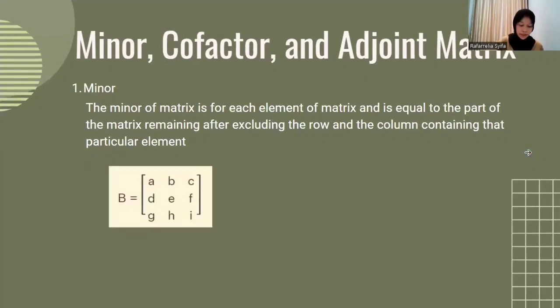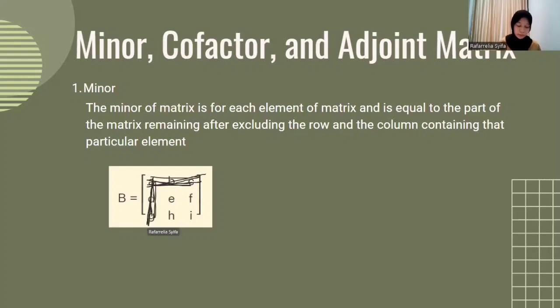For example, here's the B matrix. If we want to find the minor of the first row and the first column of the B matrix, we should hide the first row and the first column.